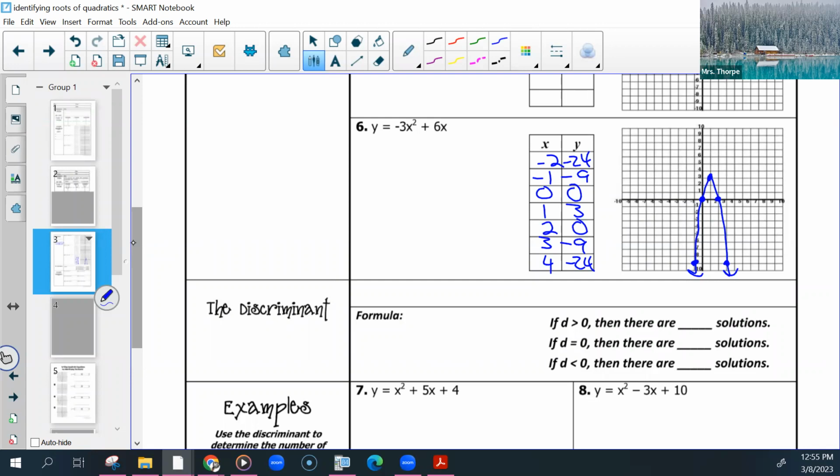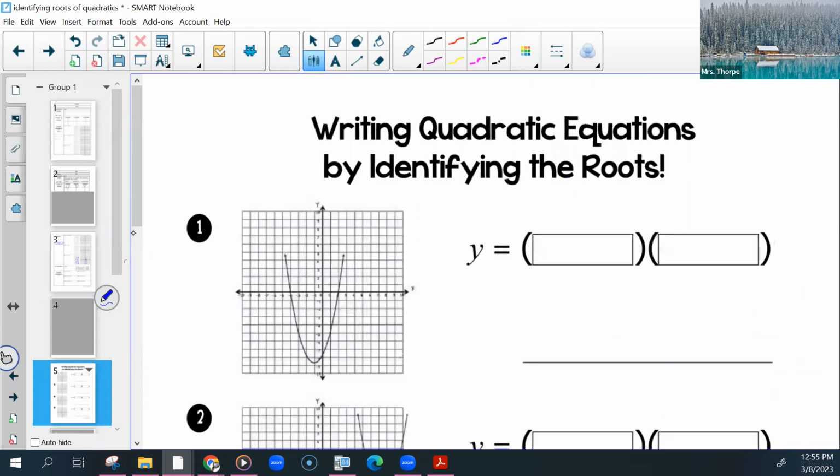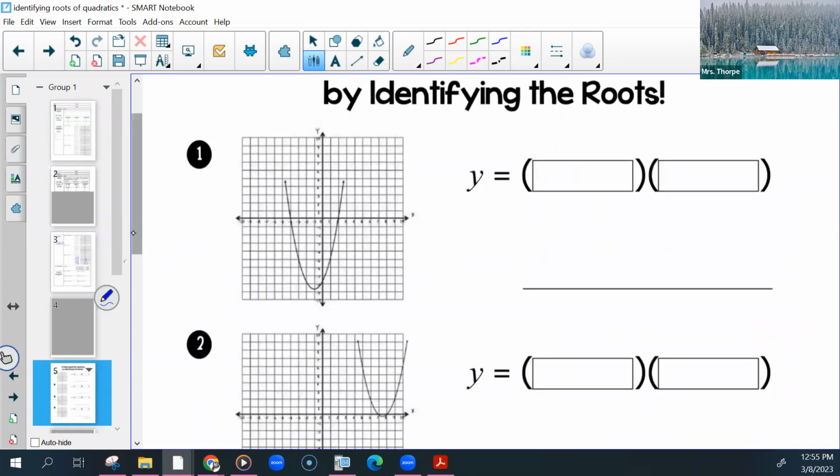Right, so on this page, this is gonna help you with the Khan Academy quizzes that are due on Friday. Being able to recognize what your roots or your solutions look like in factored form. So we're going to find the solutions first.